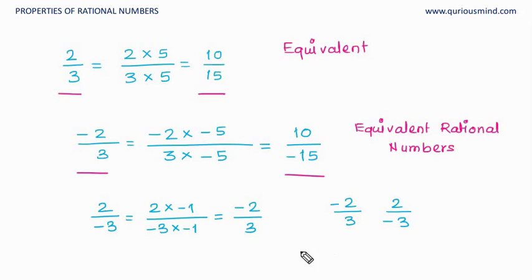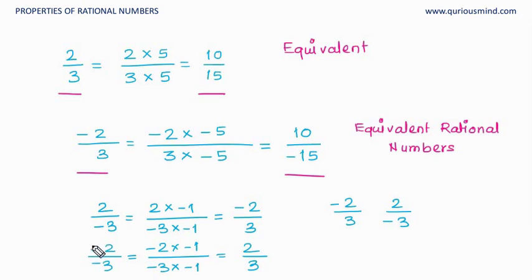So irrespective of where the negative sign is, whether it's in the numerator or denominator, the rational number becomes negative rational number. And same way, if I have a rational number minus 2 upon minus 3, what I can do is I can multiply it with minus 1, both numerator and denominator. And what I get? I get 2 upon 3, plus 2 upon 3.